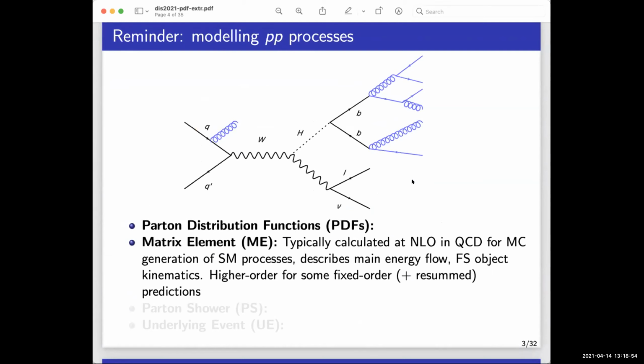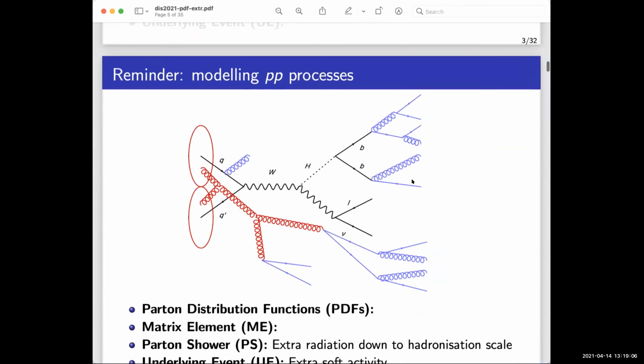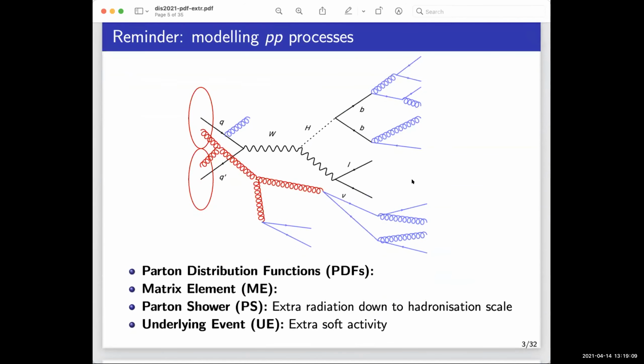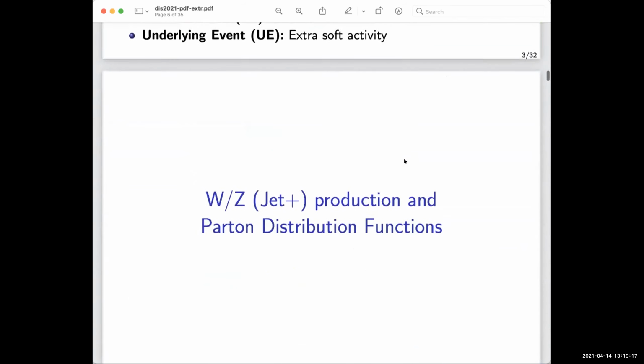For the processes we're discussing today, these can all be calculated at next to leading order in QCD. You also get various levels of resummation. And then in the Monte Carlos, you have parton shower and underlying event to add extra jettiness and so on. Resummation also accounts for some of that effect in a fixed order calculation.